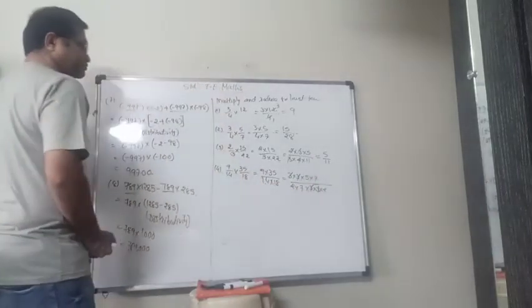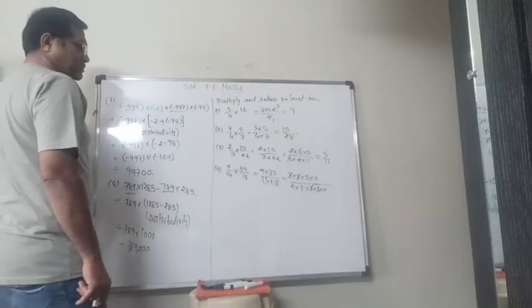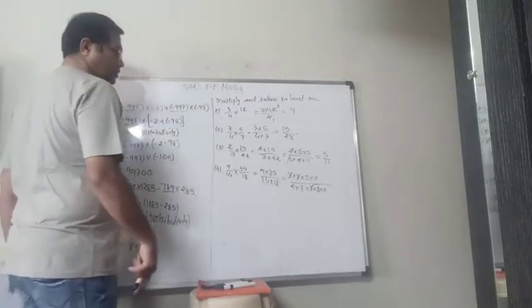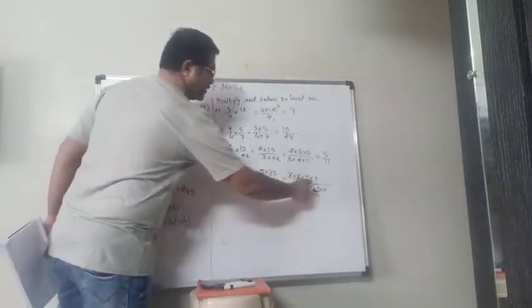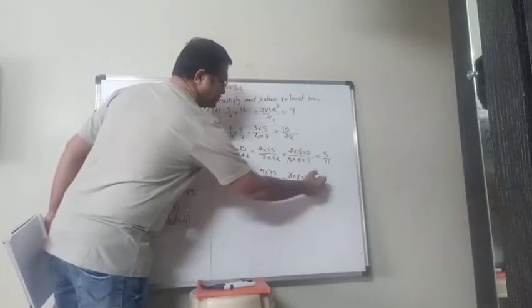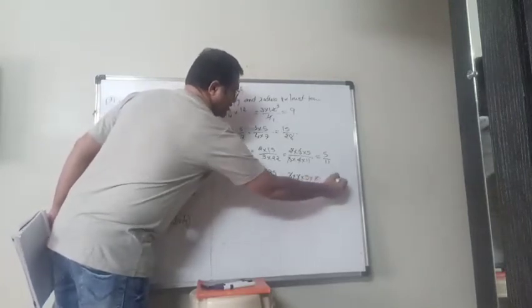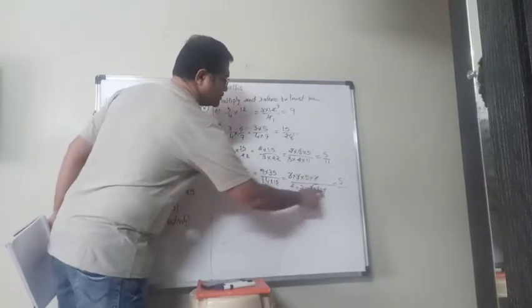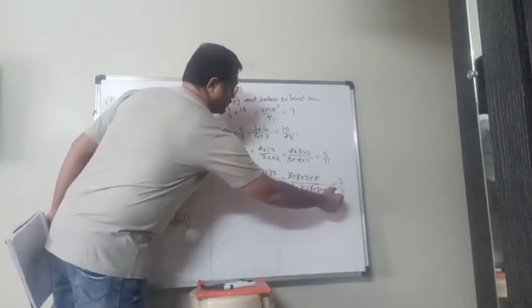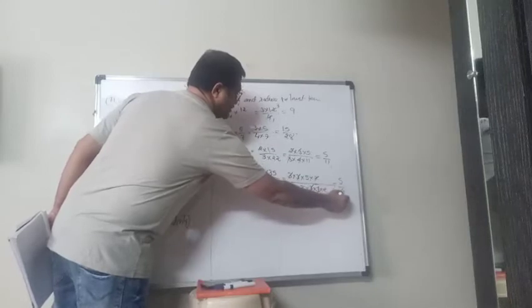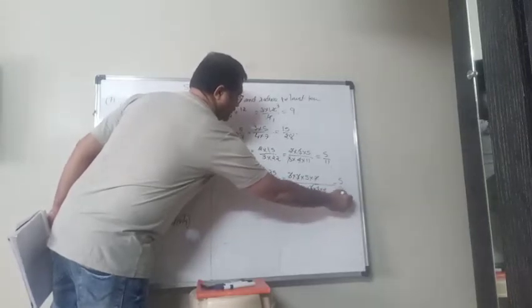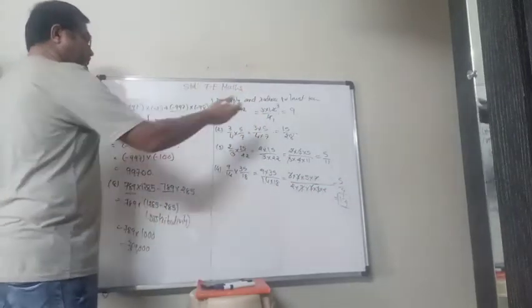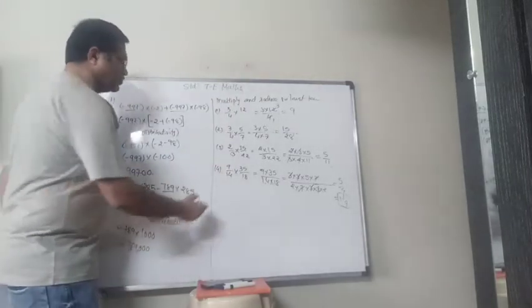That's all. No other cancellations. So 7 also cancelled. So on the numerator 5 remaining, and in the denominator 2 2s are 4. So 5 upon 4, or it is one integer 1 upon 4. But if you write down 5 upon 4, not a wrong answer.